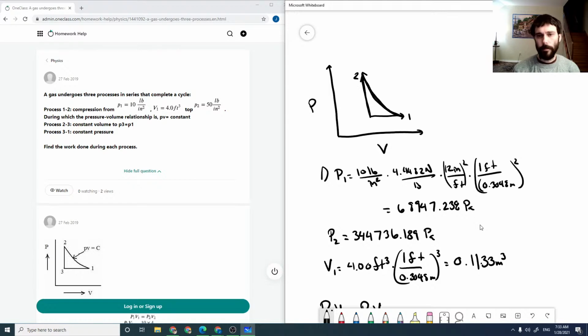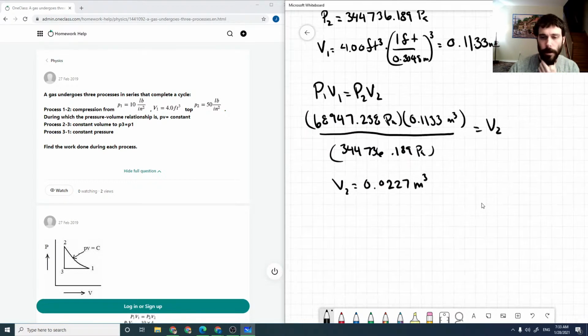So here is constant volume, changing the pressure, and then bringing the volume back under constant pressure. Here is constant volume, and here is constant pressure.